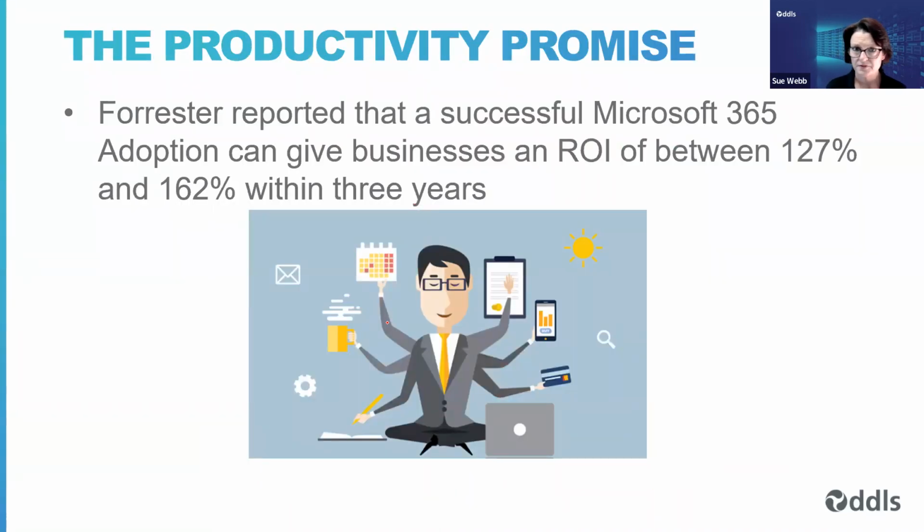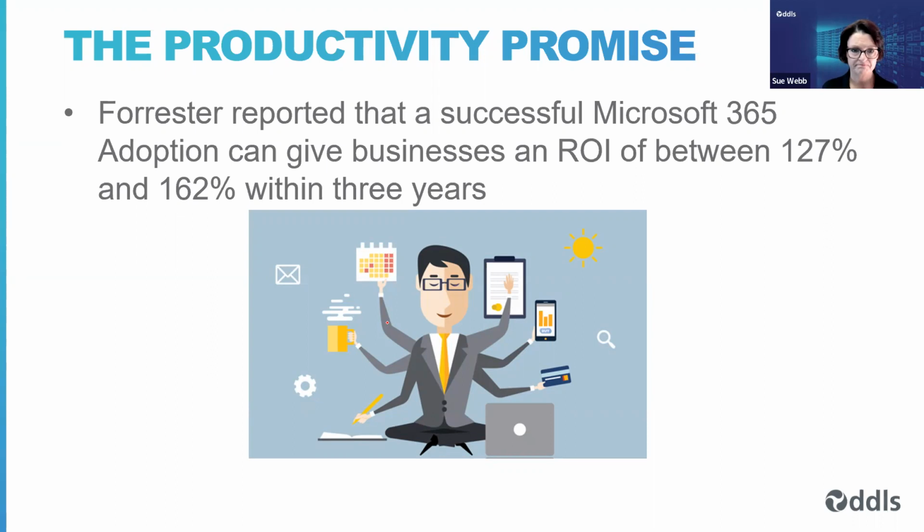Now, Microsoft 365 comes with what we refer to as a productivity promise. There's been a lot of research into this space, and some of the reports that we've unearthed come from an organization called Forrester, and they've reported that a successful Microsoft 365 adoption can give businesses an ROI of between 127 and 162% within 3 years.